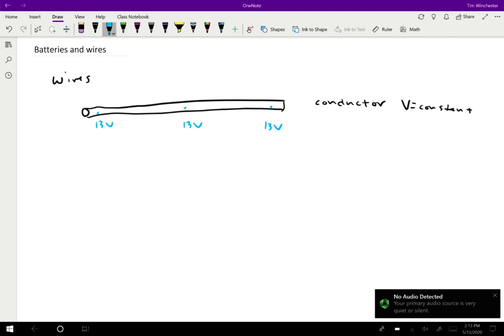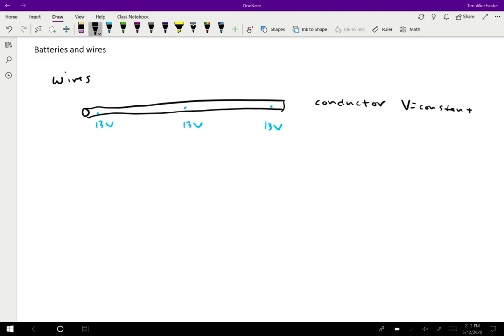Now, the way that we typically sketch out diagrams of circuits is with this simplified set of symbols. And so the symbol for a wire is probably exactly what you would expect. It's just a line. If you see a line in a circuit diagram, you can assume that it is a wire.